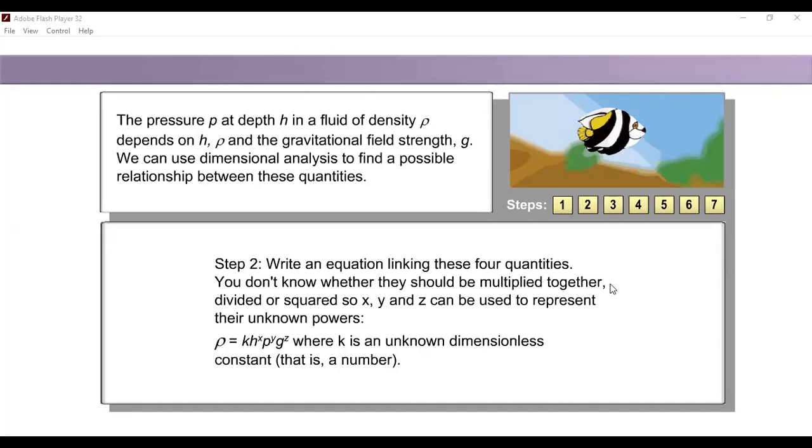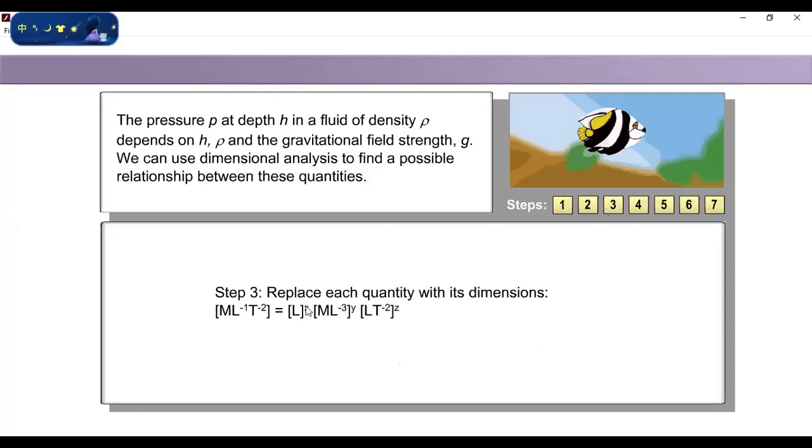So now we need to find out x, y, z first. How? First, replace each quantity with its dimension. The left side is ML negative 1 T negative 2, and the right side will be L to the power x, times ML negative 3 to the power y, times LT negative 2 to the power z.